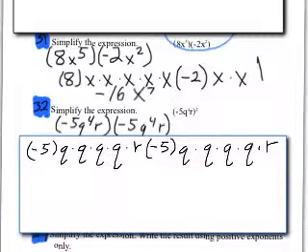Okay, so now negative 5 times negative 5 is 25. Negative times negative is positive. Let's see how many q's we have: 1, 2, 3, 4, 5, 6, 7, 8. So q to the 8th power. How many r's do we have? 2. So it's r to the 2nd power. That's pretty simple.